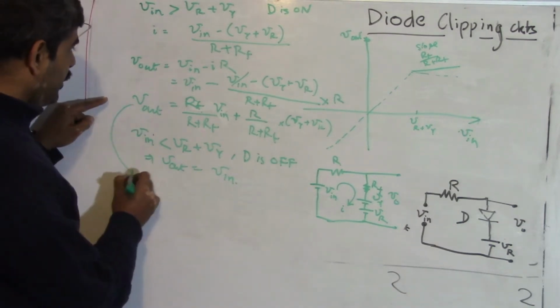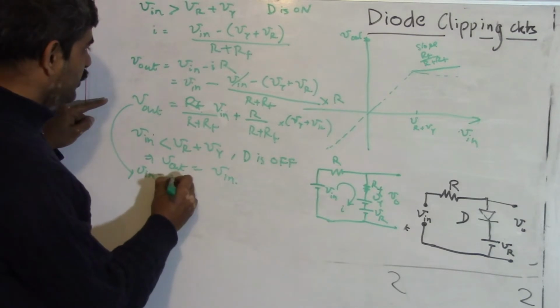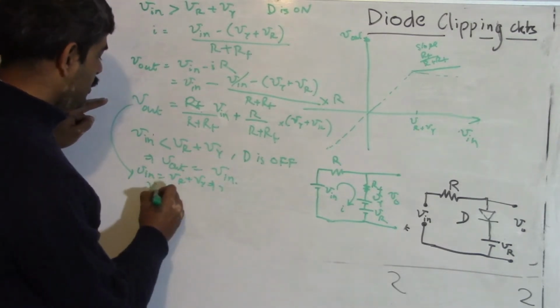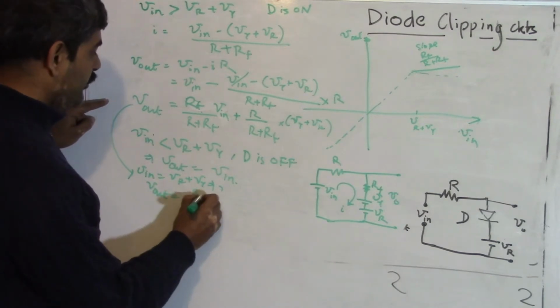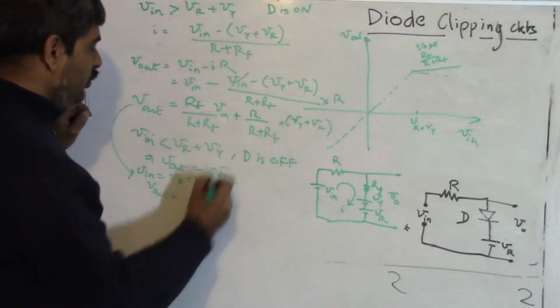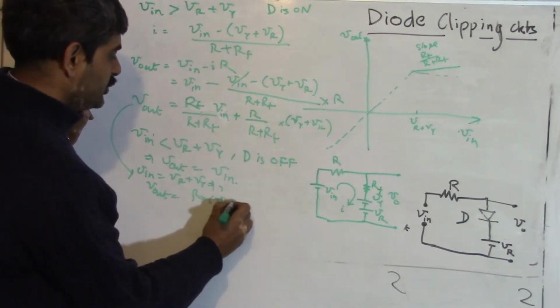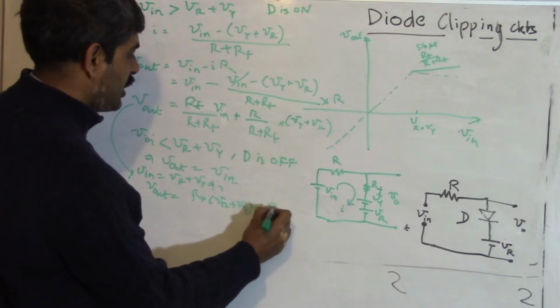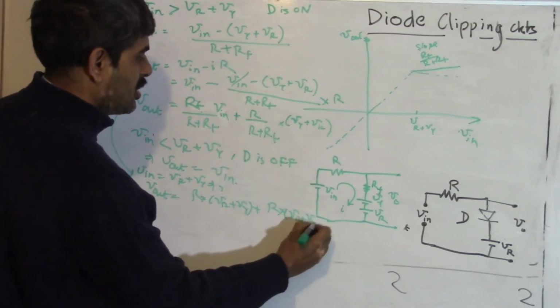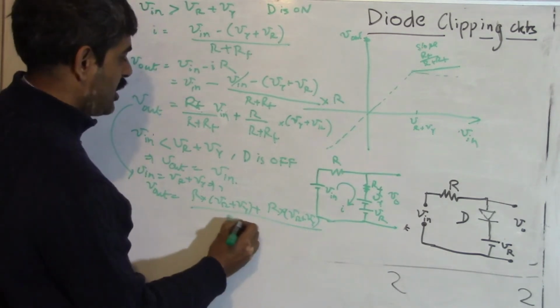When V in is equal to VR plus V gamma, we have V out equal to RF multiplied by, instead of V in, I am writing VR plus V gamma, plus R multiplied by VR plus V gamma, divided by R plus RF.